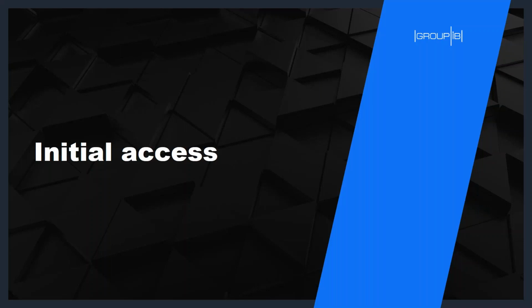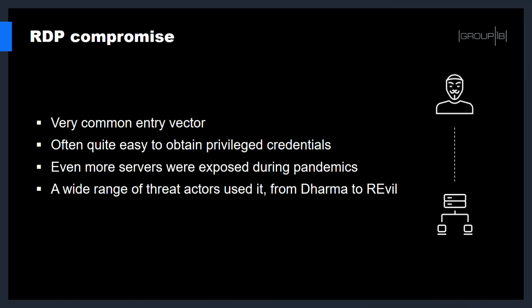Okay, let's take a look at some scenarios we've seen. The first entry vector I want to discuss is RDP compromise. This is a very, very common vector, just like phishing emails. We've seen them quite a lot last year.